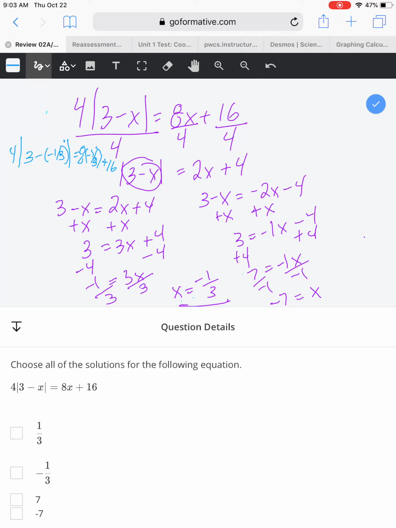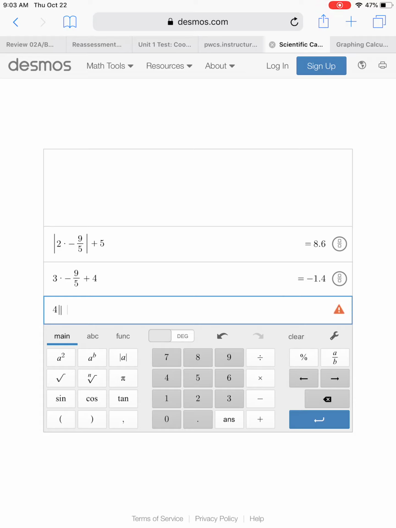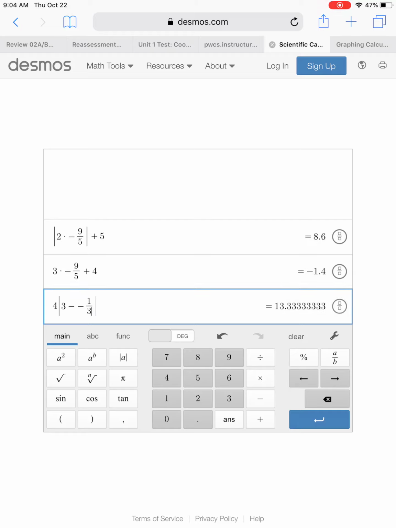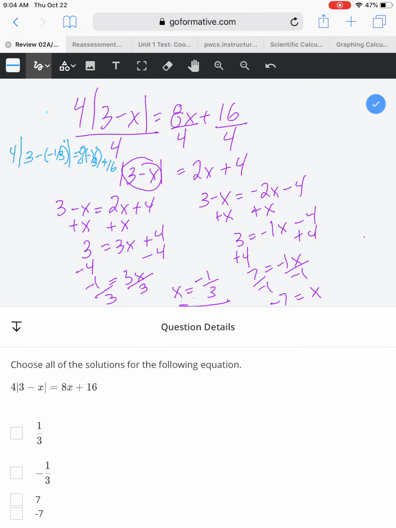But if you're using the Desmos calculator, we can just do it this way. So it's 4 absolute value of 3 minus negative 1 over 3, and I get 13.3 repeating. I go plug in the other side, so that's going to be 8 times negative 1/3 plus 16.